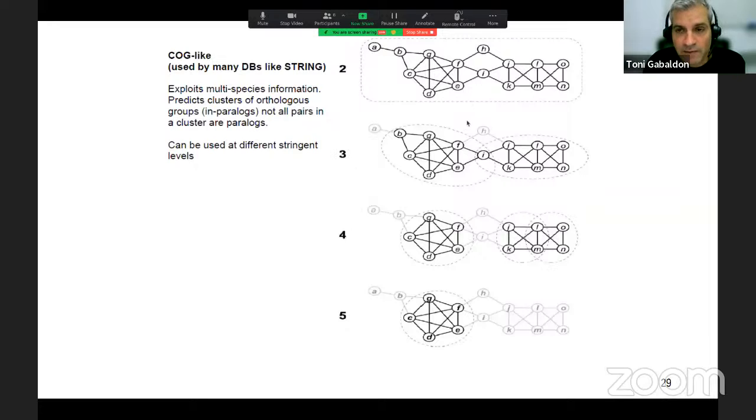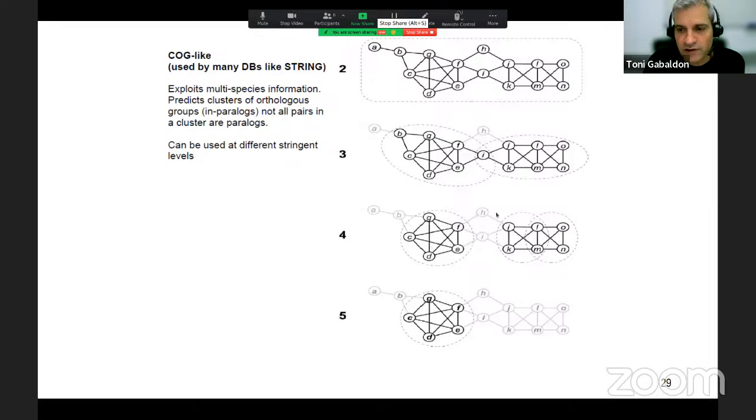And there is always one parameter, which is how stringent, what's the level of granularity that you want to define this into families. So you can be not very stringent and get everything that has a hit into the same family, and then you have very large families, and maybe you will include proteins that share only one domain, or you are fusing maybe two different families because there's one error in annotation in one of them. Or you can be more stringent, and discard those genes that are more collateral, not really connected to all of the rest.